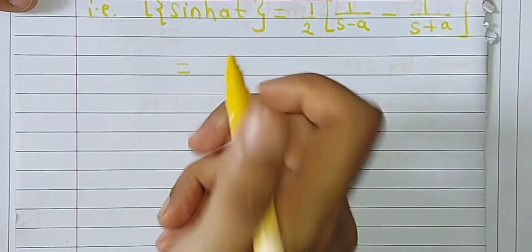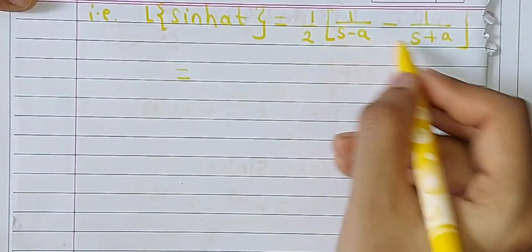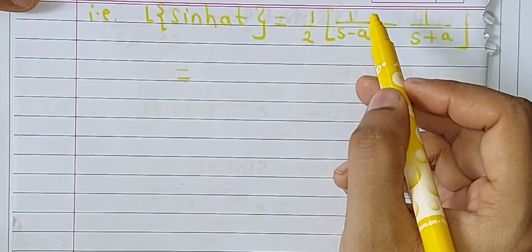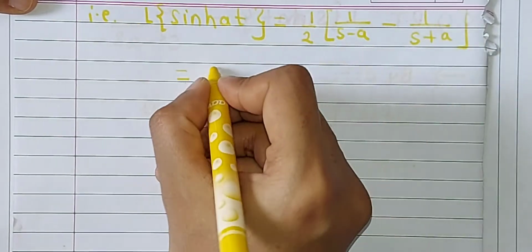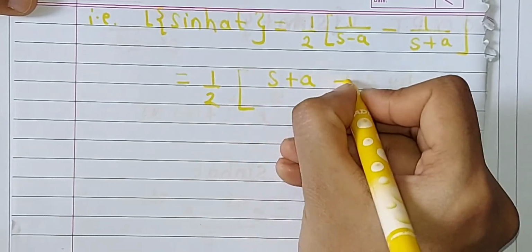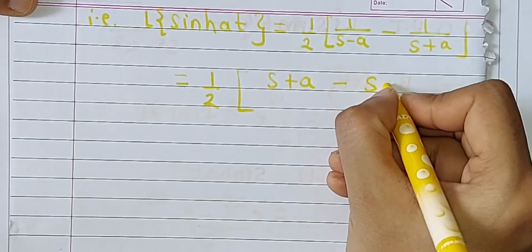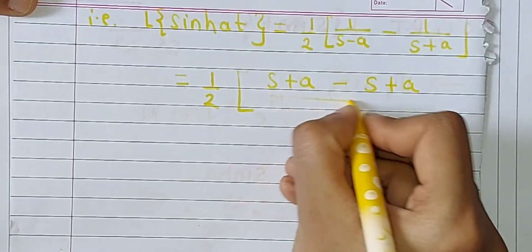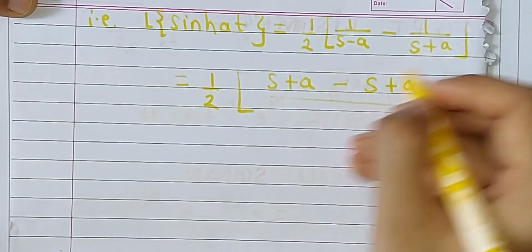Now to obtain the Laplace transformation, just solve this bracket by cross multiplication, that is 1 by 2 into (s plus a) minus (s minus a) into 1, which is s minus s, minus minus plus a, divided by (s minus a) into (s plus a).